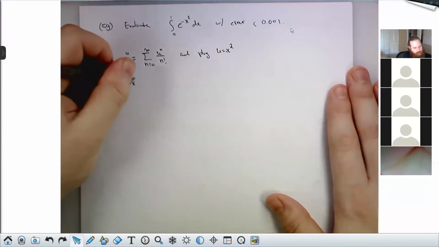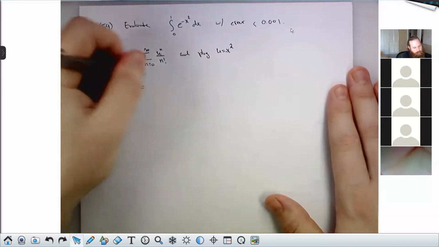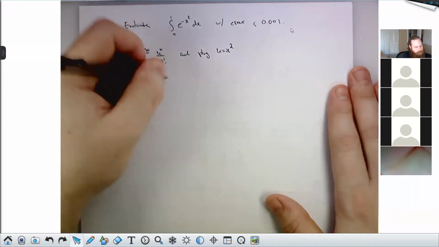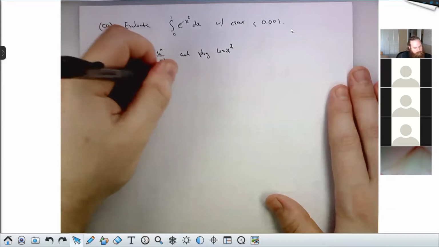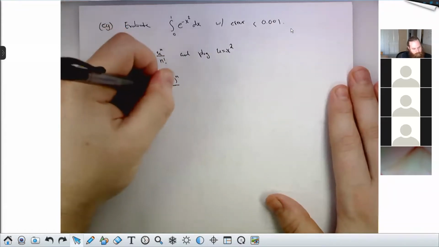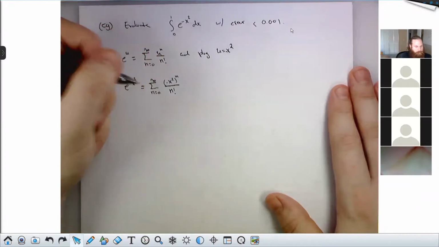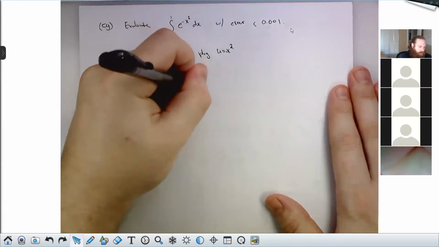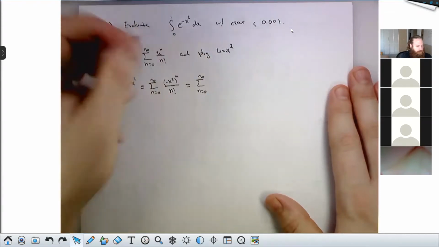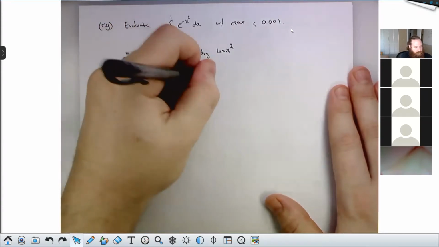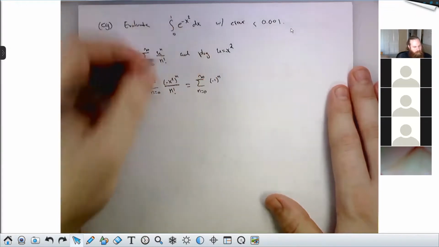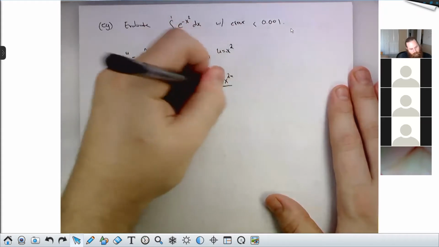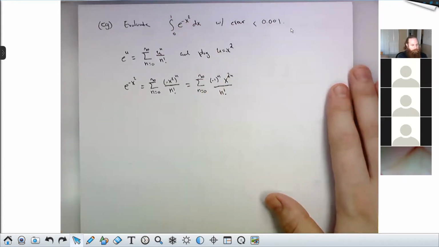So e to the negative x squared is sigma n from 0 to infinity negative x squared to the n over n factorial. And this I can clean up quite a bit. That's sigma n from 0 to infinity negative 1 to the n x to the 2n all over n factorial.